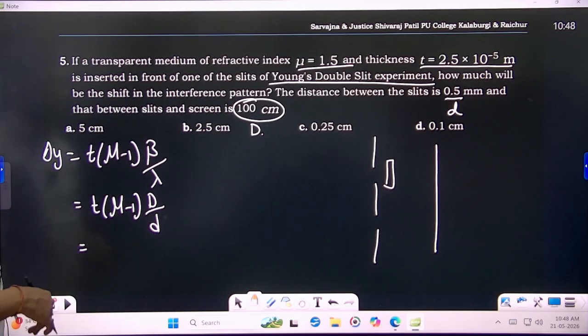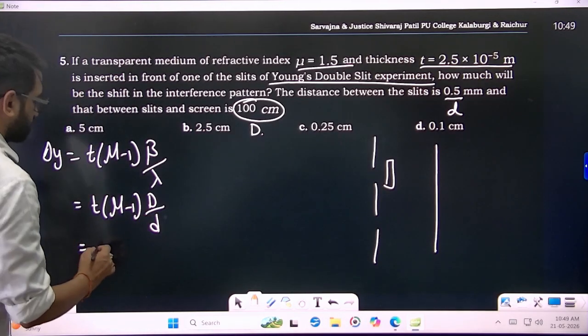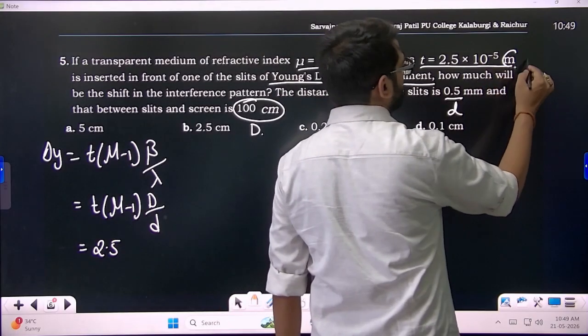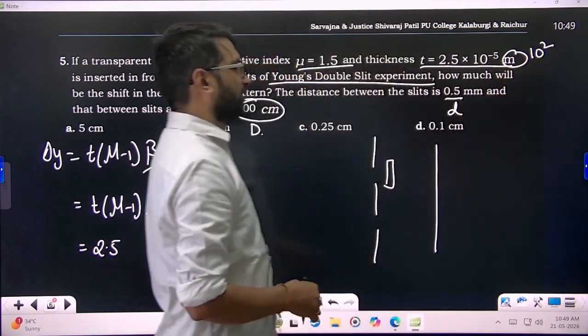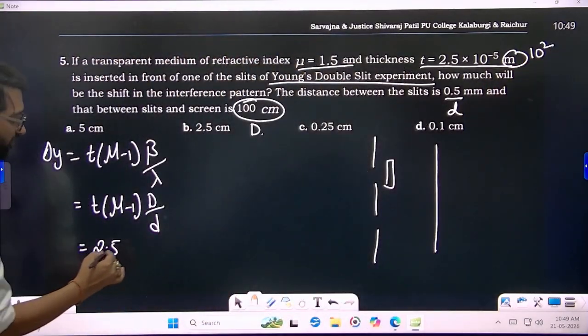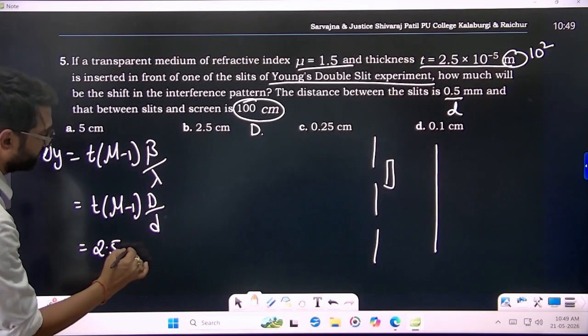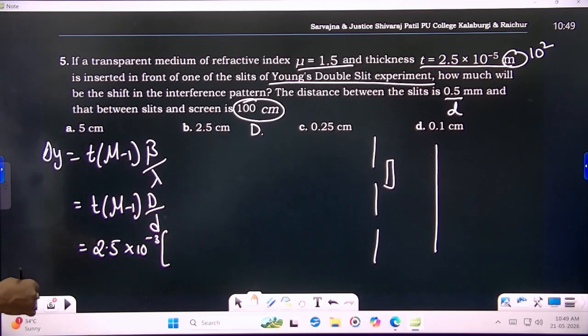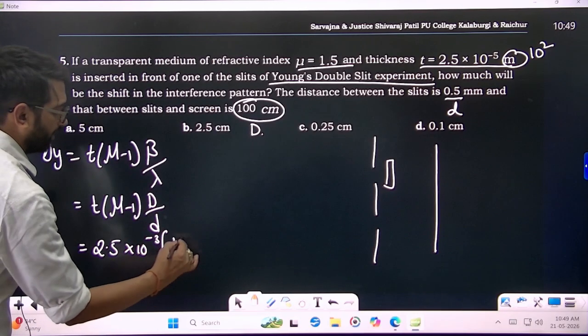So this one is T, thickness 2.5. As the options are in centimeters, I will write this in centimeters, so 2.5 into 10 to the power of minus 3. Then mu is 1.5, 3 by 2 minus 1 is 1 by 2.